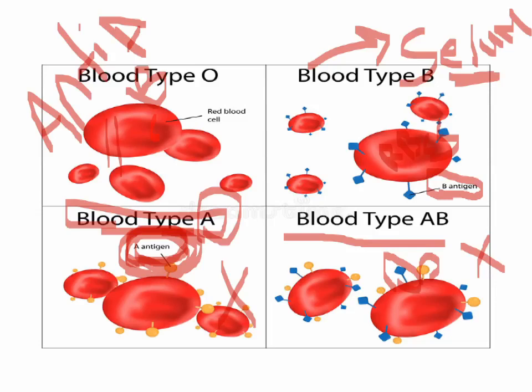And if your blood type is B, so your serum will contain anti-A. And if you are blood type AB, your serum will contain no antibodies. And if your blood type is O, your serum will contain both antibodies, which are anti-A and anti-B.